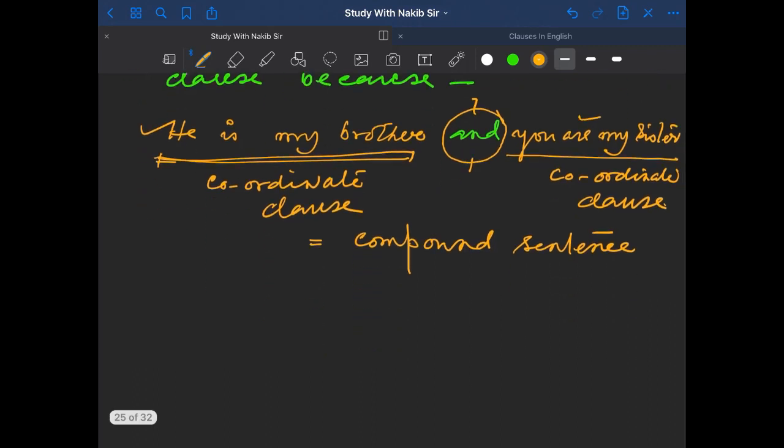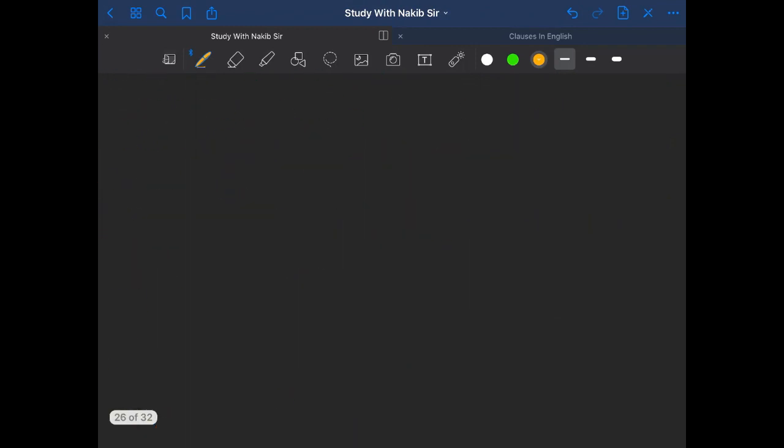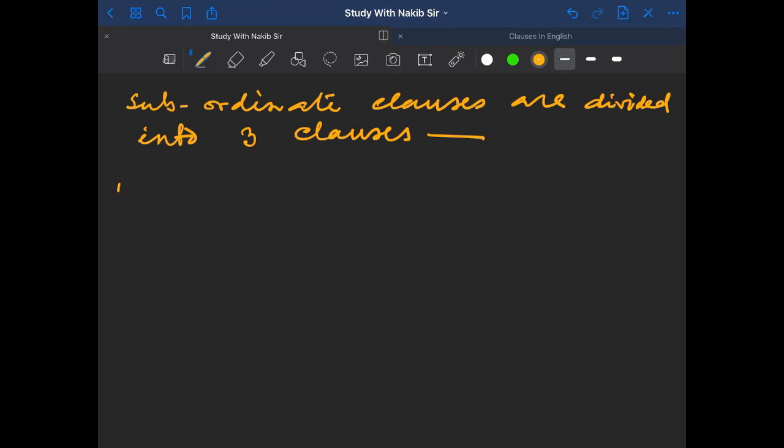Okay. Now, the subordinate clauses are divided into three classes.